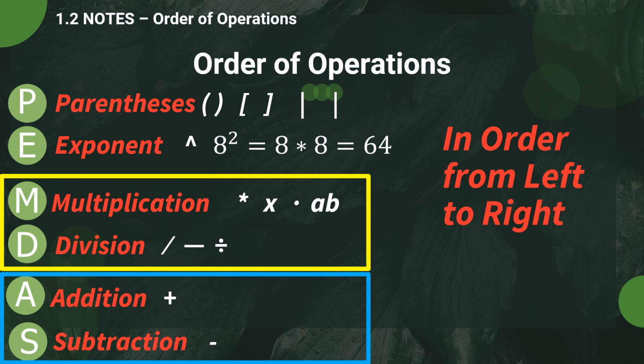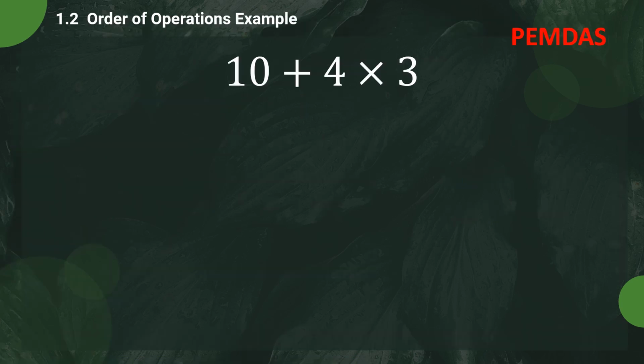So let's look at a couple of examples where we use the order of operations. So here's our first example. 10 plus 4 times 3. So I put our PEMDAS over here just to kind of remind us. So when we look at this, we don't have any parentheses, we don't have any exponents. So then we're going to look at multiplication, division, and you will see that we have multiplication.